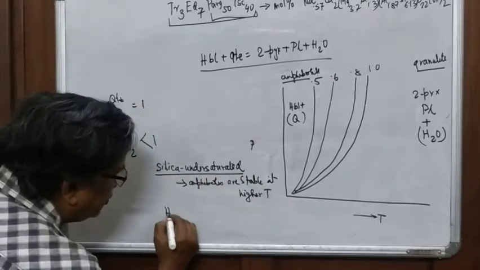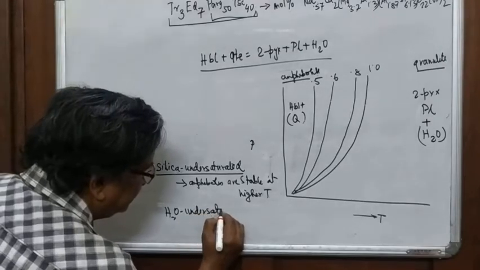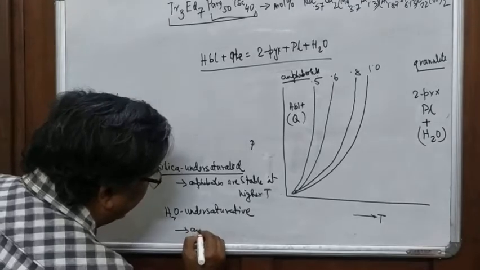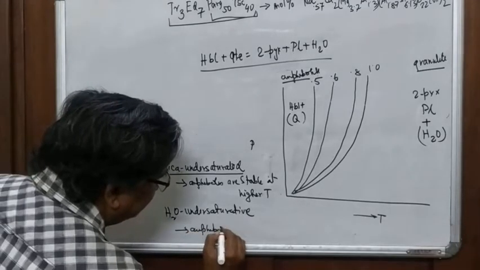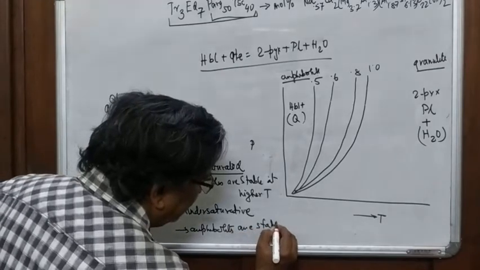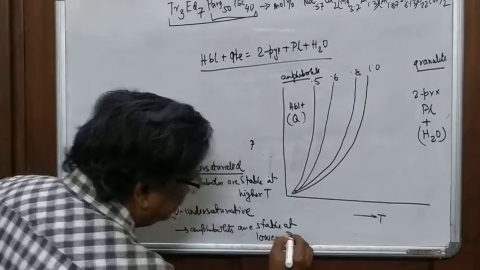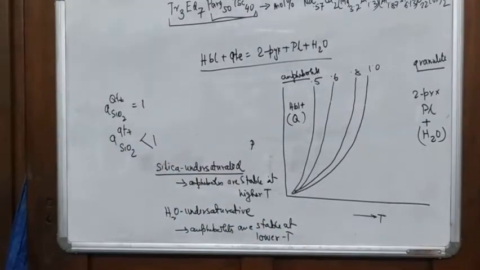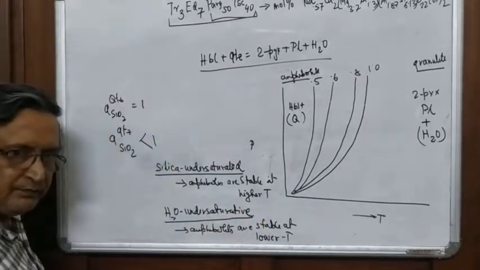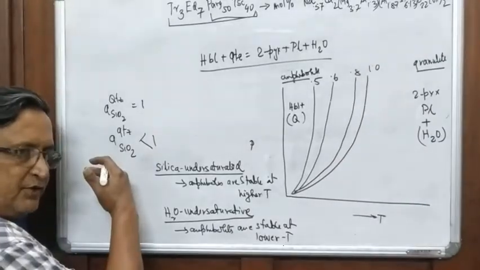And for H2O undersaturation, amphibolites are stable at lower temperature. Do you see? So H2O undersaturation causes granulite to be stable at low temperature.